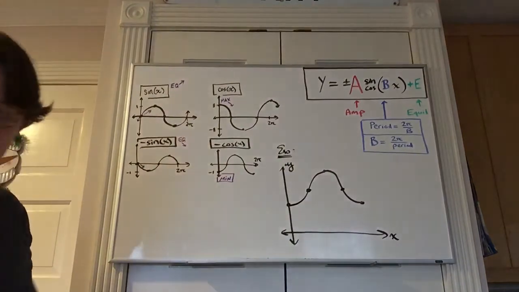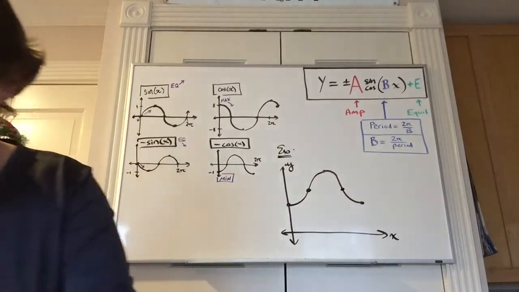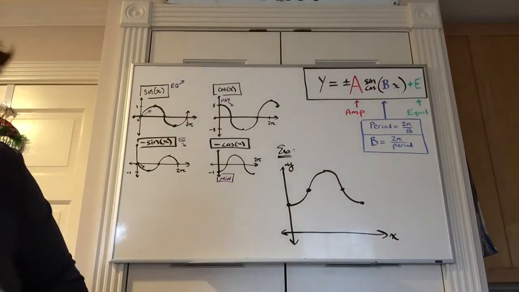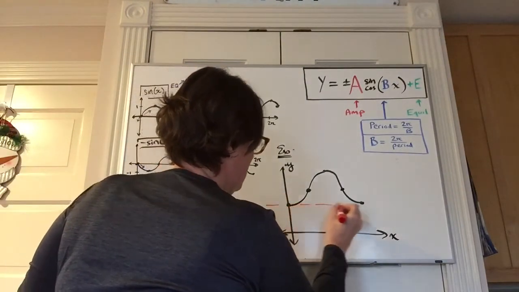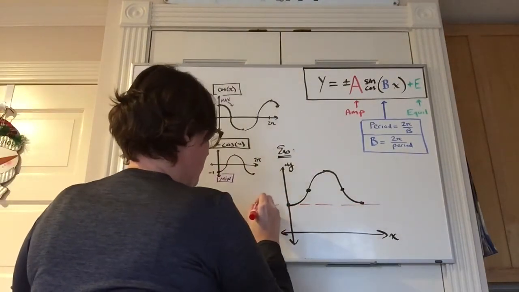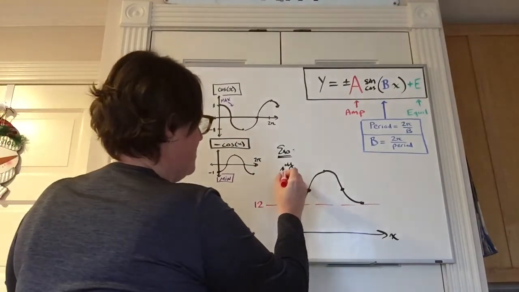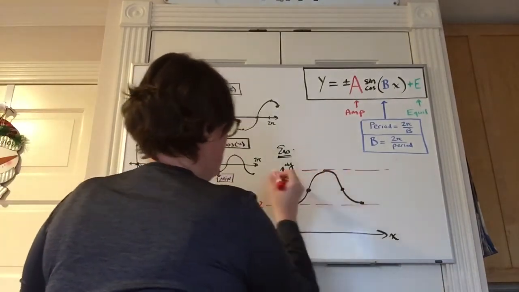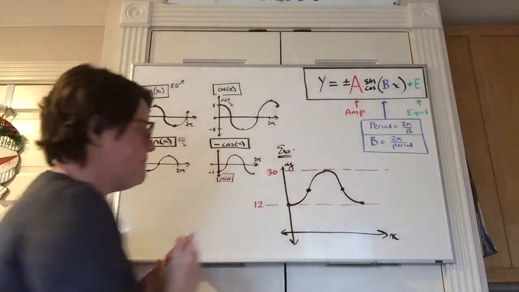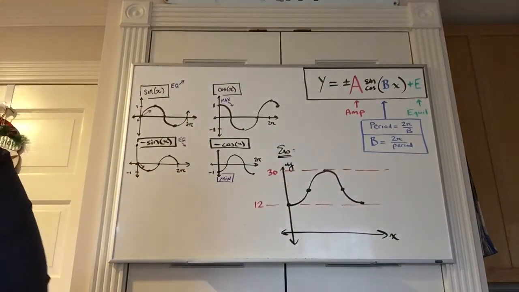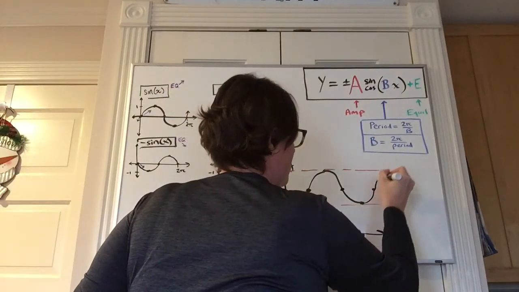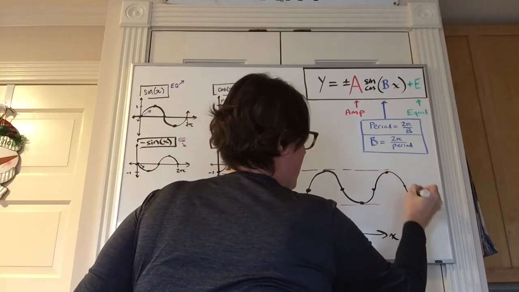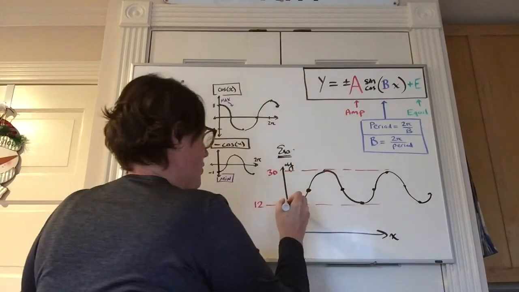I'm going to give you a little bit of information about where certain stuff is on that graph. Let's say that the minimum line is at 12, and let's say the maximum line is at 30. And obviously, if this is a sinusoid, it's going to repeat itself over and over and over again, because sinusoids keep going and going.